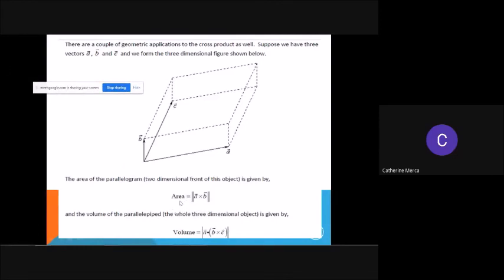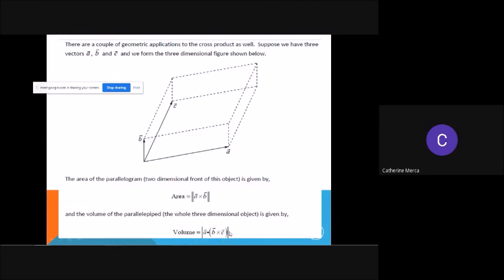The area of the parallelogram is given by the magnitude of the cross product between vector A and vector B. And the volume of the parallelepiped is given by the absolute value of A dot B cross C.